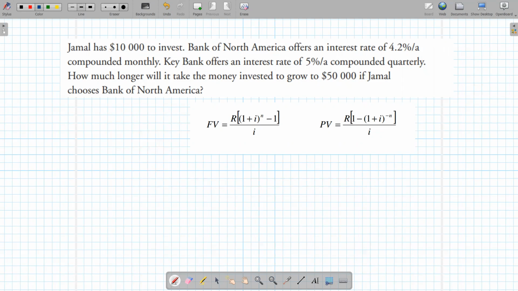Is it future value? How much longer will it take the money to grow into this? So is he putting money in every month? Future value is for annuities, okay? You're putting in a certain amount of money every month, FV, PV.